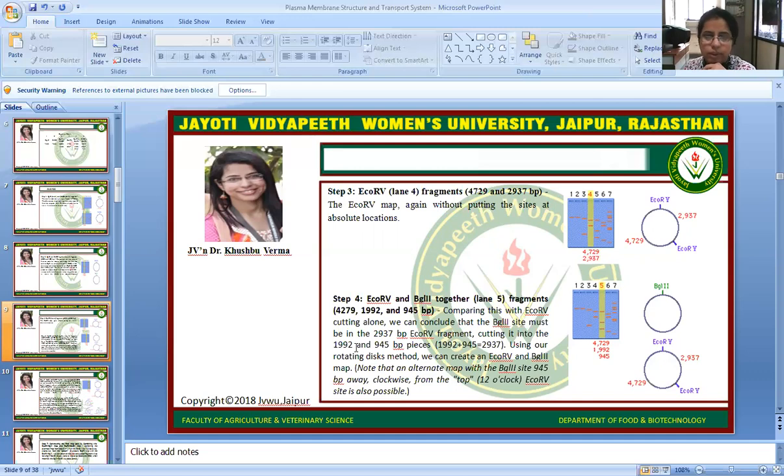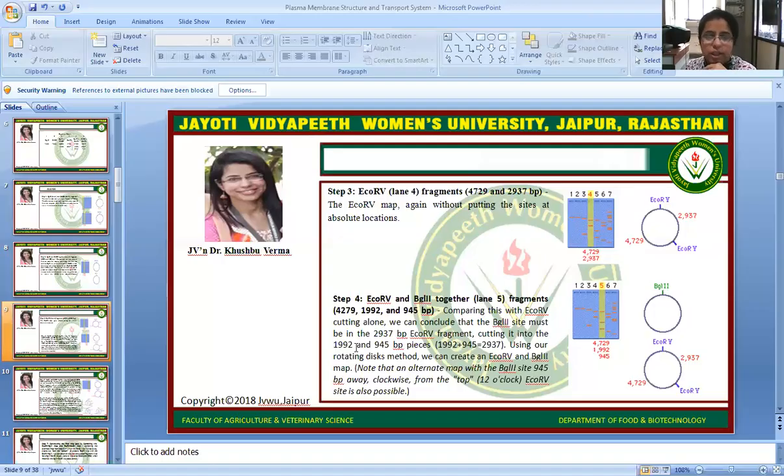Comparing this with EcoRV cutting alone, we can conclude that the BglII site must be in the 2,937 base pair EcoRV fragment, cutting it into 992 and 945 base pair pieces. If we add 992 and 945, we get 2,937 base pairs.